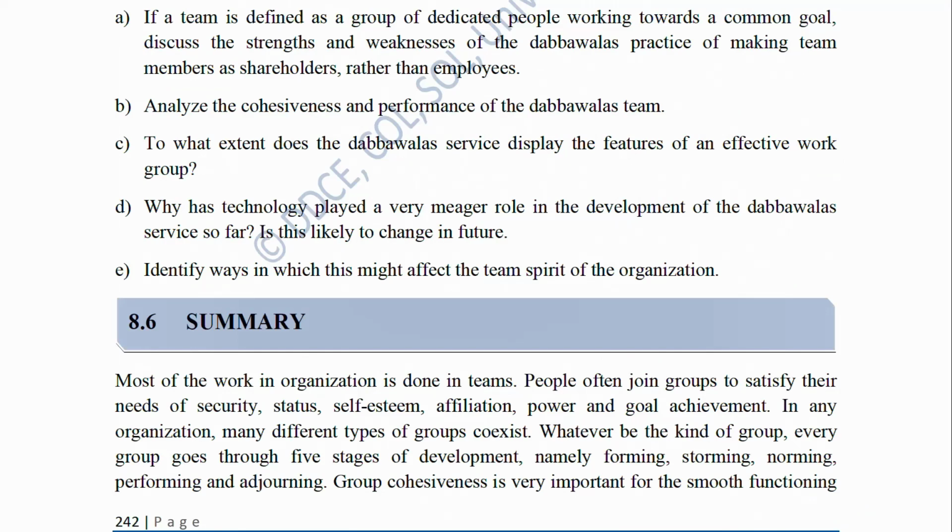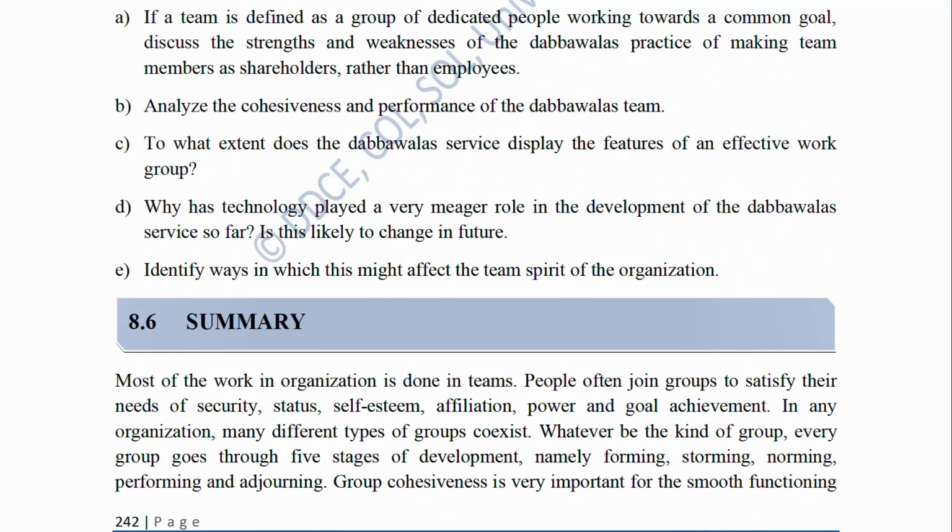Questions. First, if a team is defined as a group of dedicated people working towards a common goal, discuss the strengths and weaknesses of the Dabbawalas' practice of making team members shareholders rather than employees. Second, analyze the cohesiveness and performance of the Dabbawalas' team.